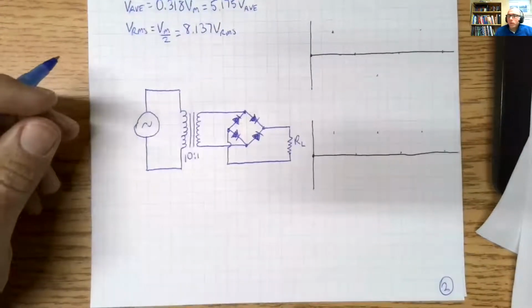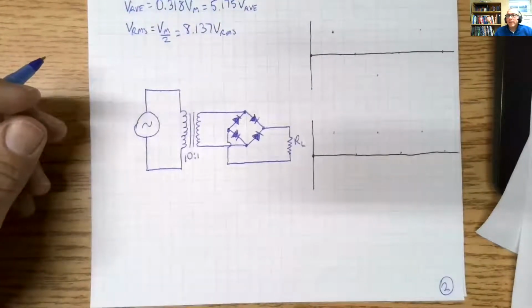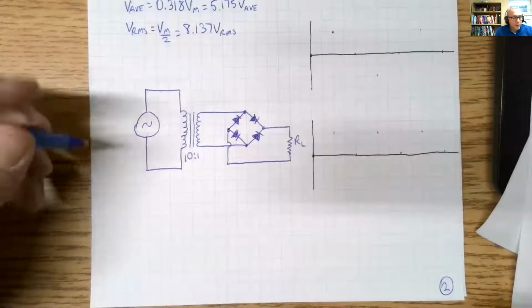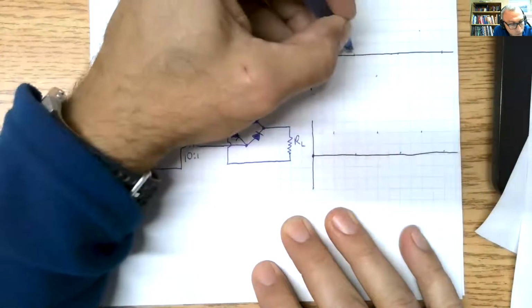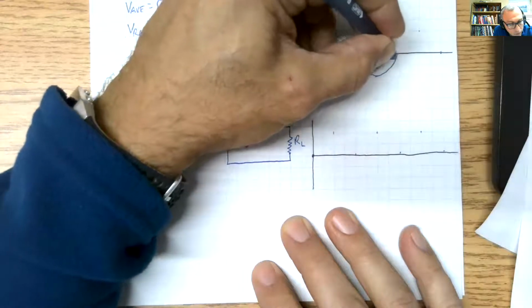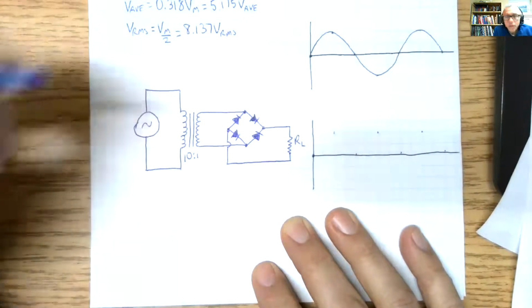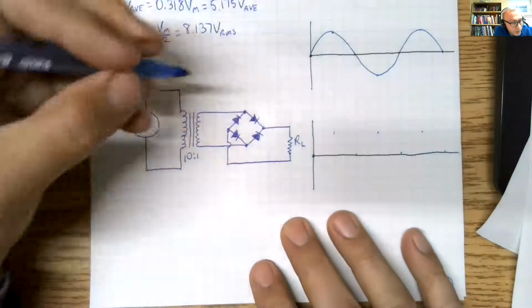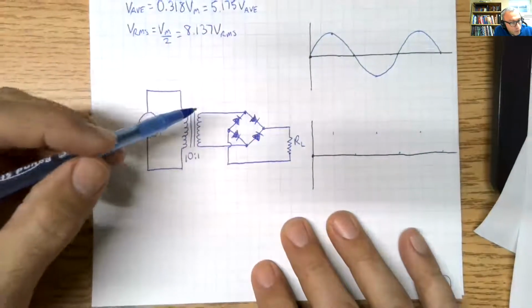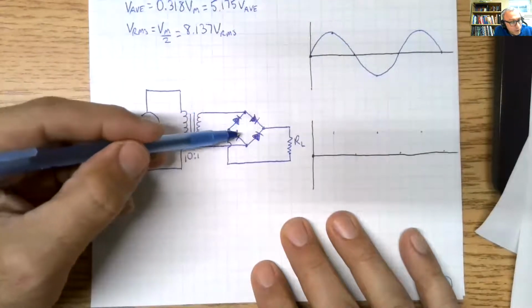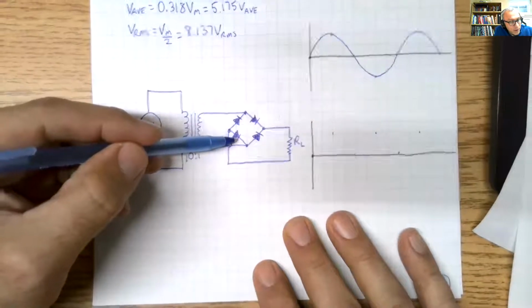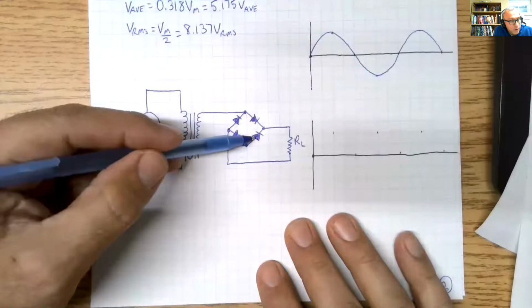So what a full wave rectifier does is it takes your incoming sine wave, and what it does is, as we reviewed before, on the positive half cycle, it is using this diode and that diode, and on the negative half cycle, it's using this diode and that diode.